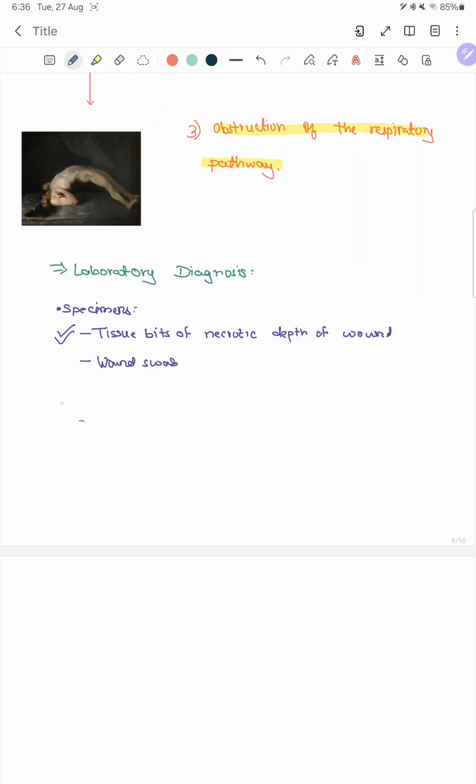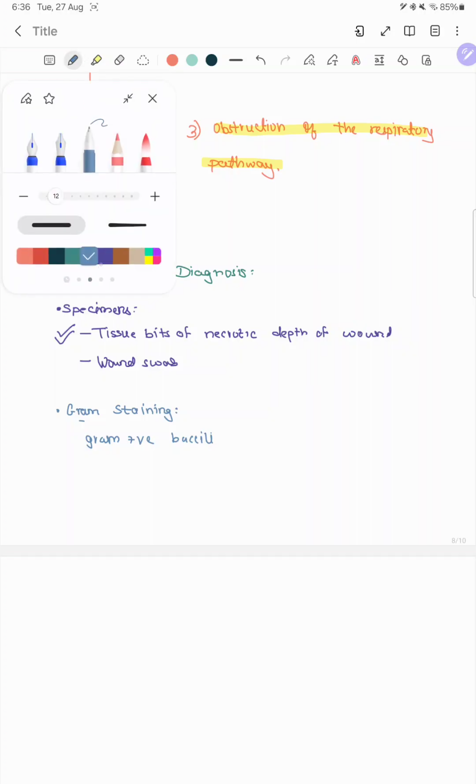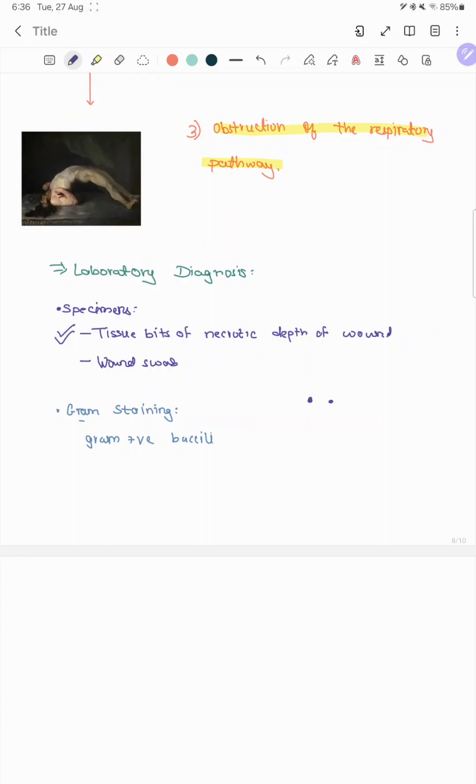You can conduct gram staining. What will the gram stain show us? It will show us gram positive bacilli. Okay, what is the shape of these?